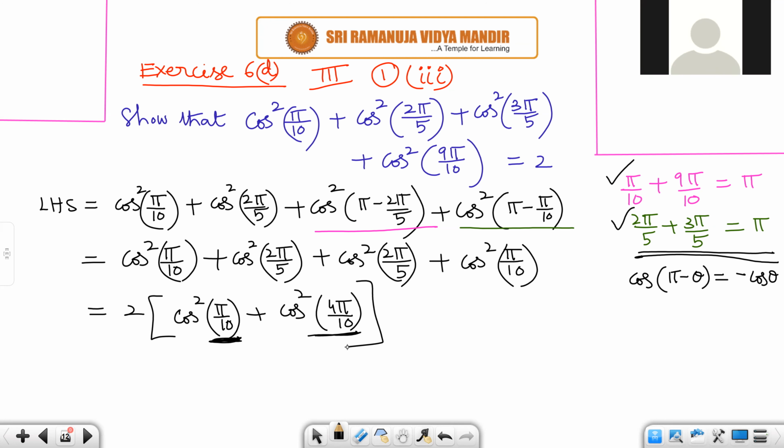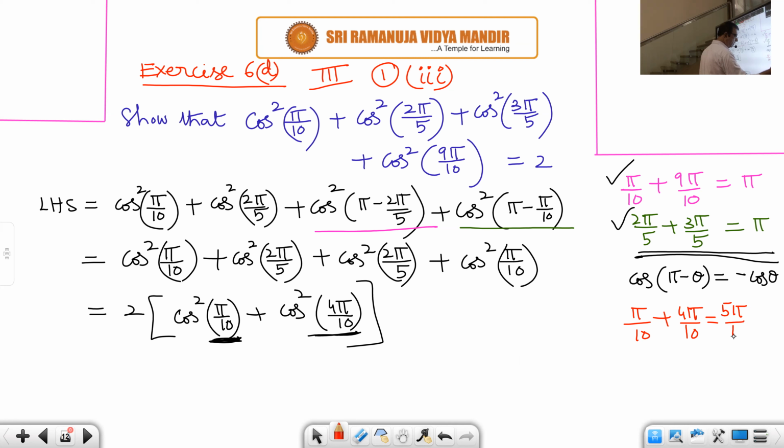Understood? Now tell me, pi by 10 and 4 pi by 10, are they complementary or supplementary? What is pi by 10 plus 4 pi by 10 equal to? 5 pi by 10, which is pi by 2. So the sum is 90 degrees, which means they are complementary angles, not supplementary.